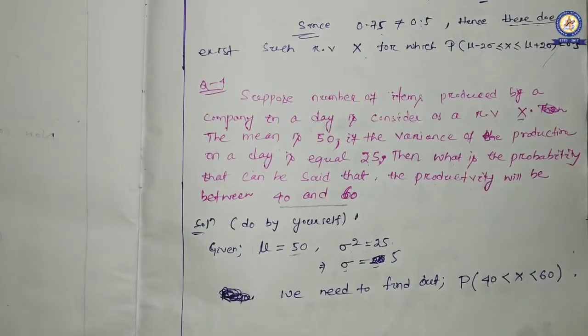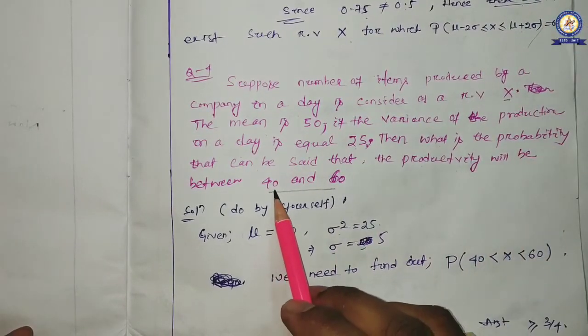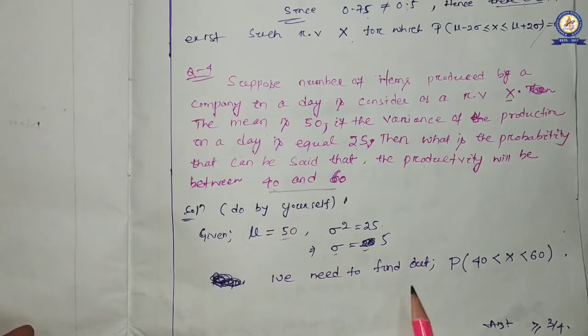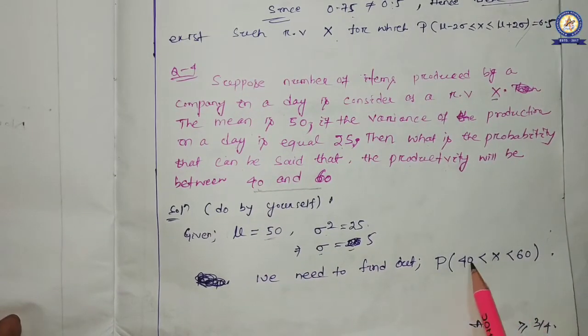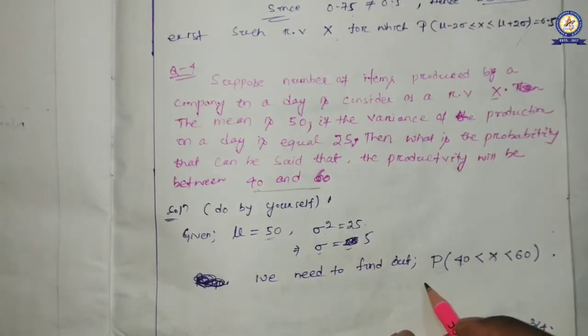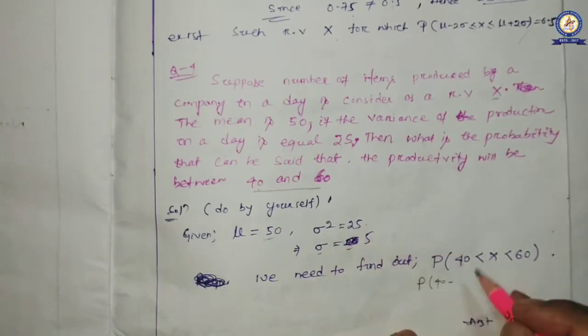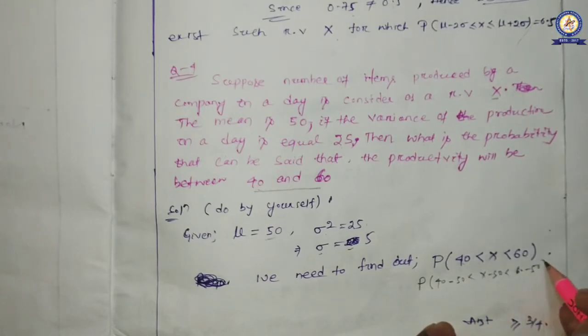So we have to find the probability between 40 and 60, so 40 less than x less than 60. What you want to do is subtract the mean 50, so x minus 50 is between 40 minus 50 and 60 minus 50.